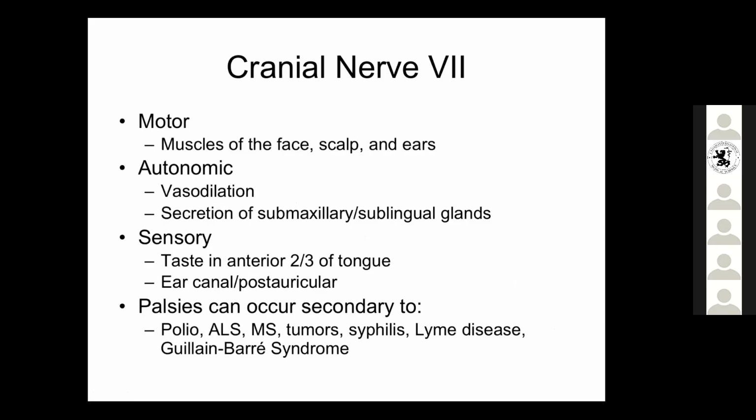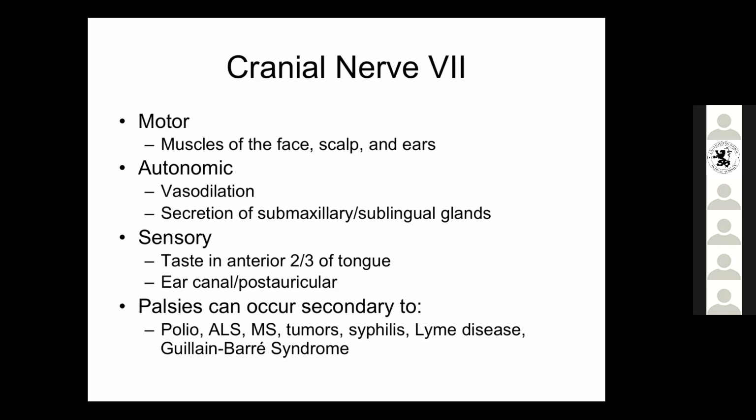Cranial nerve 7 is the facial nerve. It has motor, autonomic, and sensory functions. An affection of cranial nerve 7 would affect the motor function of the face, the scalp, and the ears, as well as the sensory function for the anterior 2/3 of the tongue, and autonomic function: vasodilation and secretion of the submaxillary and sublingual glands would be affected.